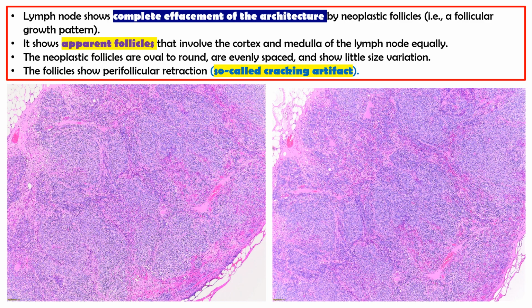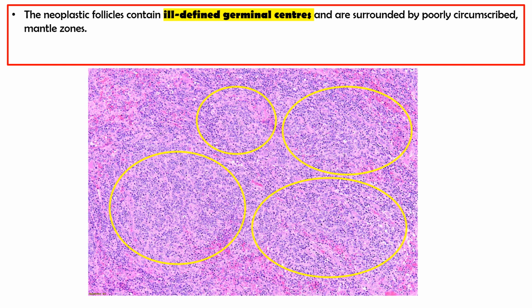The follicles show perifollicular retraction, so-called cracking artifact. The neoplastic follicles contain ill-defined germinal centers and are surrounded by poorly circumscribed mantle zones.